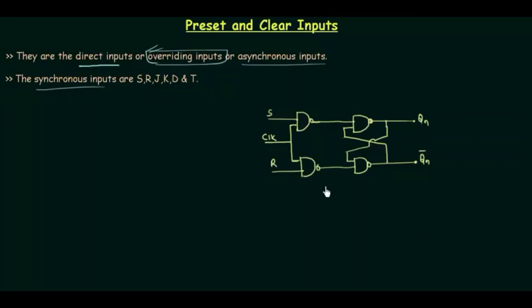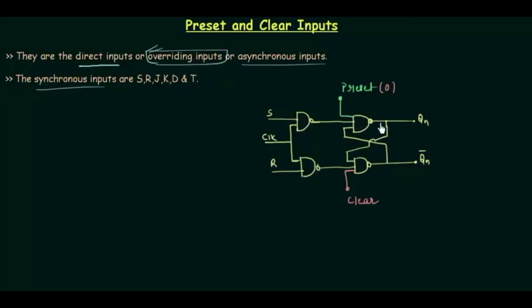Now this is my SR flip-flop, and I will show you where we have to put the preset and where we have to put the clear input. The preset input will go here. This is my preset input, and my clear input will go to this NAND gate. This is clear. Now let us see, when preset is 0, what will happen to the output.